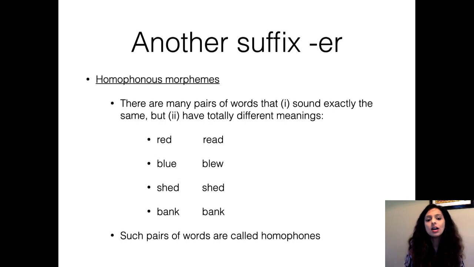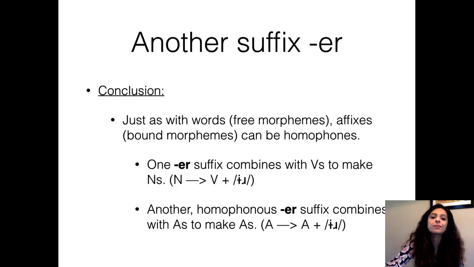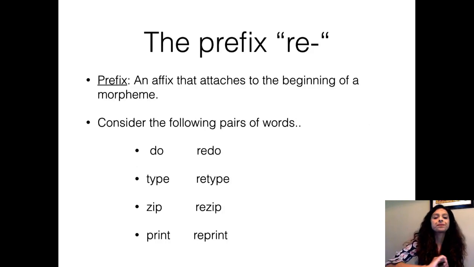Blue and blue, shed and shed, bank and bank. And these have two different meanings depending on what part of speech you assign to this homophonous morpheme. So you have two different ERs, one that combines with the verb and derives nouns, and one that combines with adjectives and derives the comparative form of the adjective.